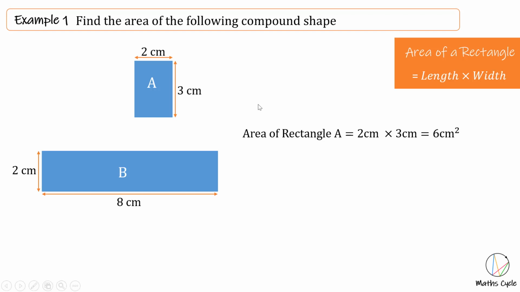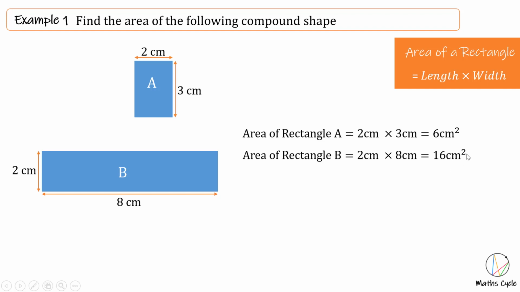Okay, so 2 centimeters multiplied by 3 centimeters equals 2 by 3 is 6, and centimeters by centimeters equals centimeters squared. So my answer is 6 centimeters squared for area of rectangle A. Then the area of rectangle B equals 2 centimeters multiplied by the 8 centimeters equals, so that's 2 by 8 is 16, and centimeters by centimeters is centimeters squared.